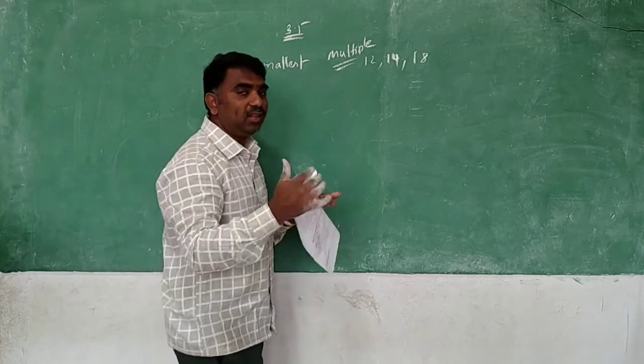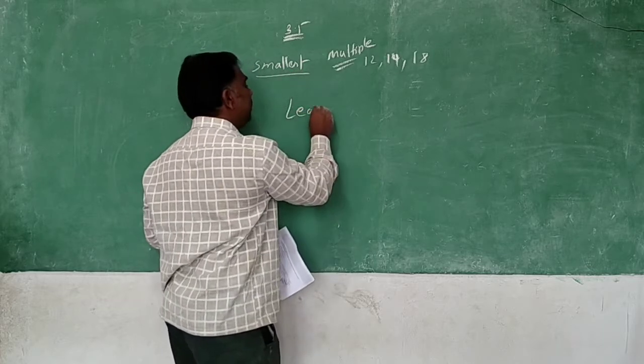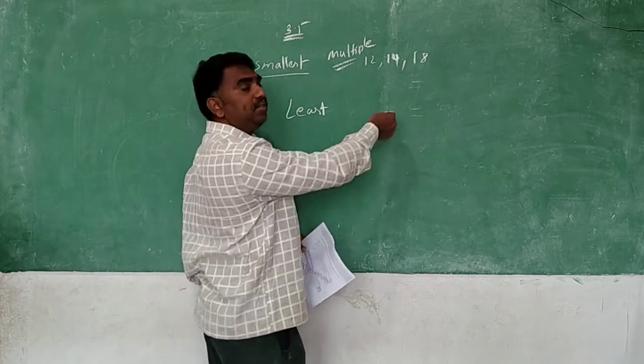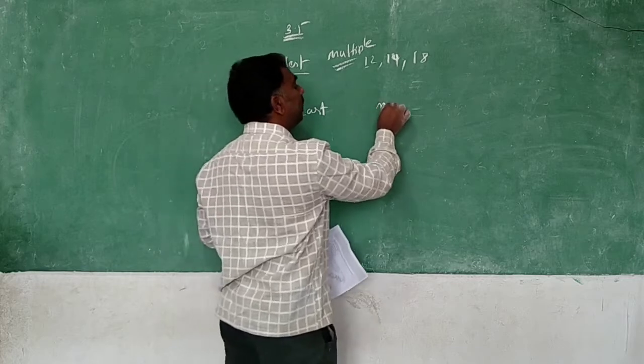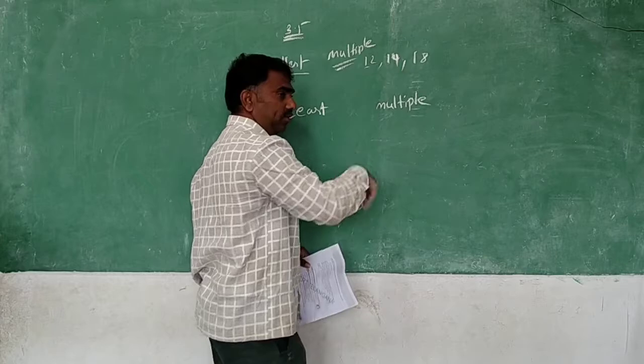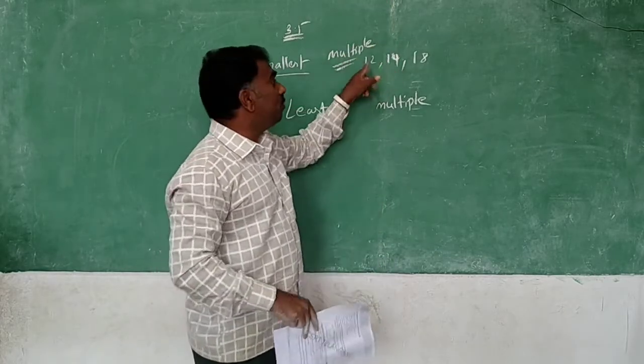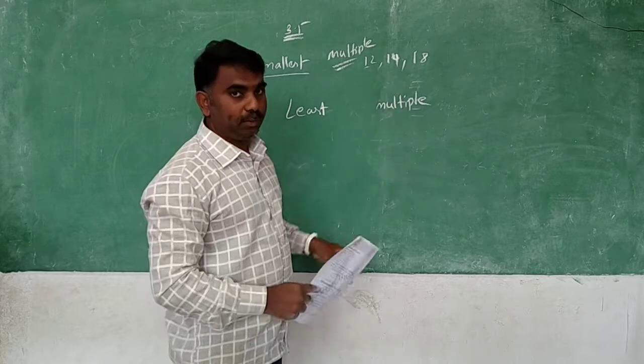By reading the question, what are you finding? The smallest, that is why it is least. And divisible by this means we are finding multiples. Factors means factors, but divisible by this means we need to find the multiples.